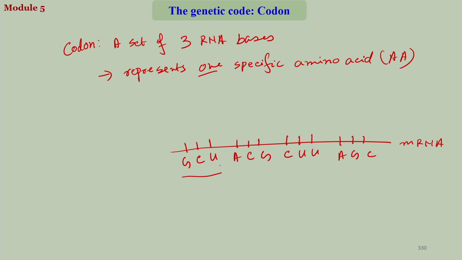So, this constitutes one codon. You can call it codon 1, this is your codon 2, that is your codon 3, and this is your codon 4, and so on. So, an mRNA sequence represents a set of codons.